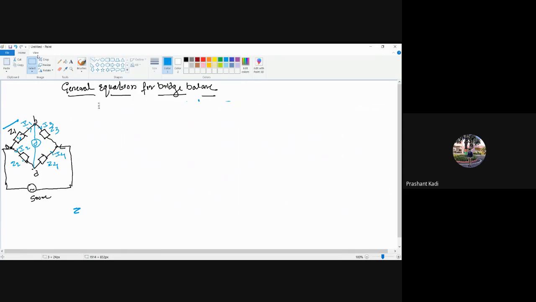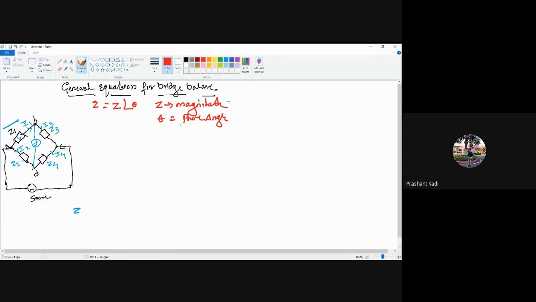Z is the total impedance of the network, which can be written as Z equals Z with angle theta, where Z represents the magnitude and theta is the phase angle of the complex impedance.